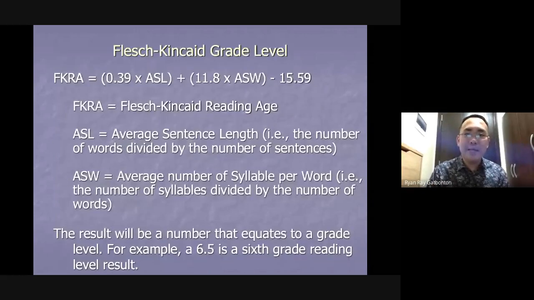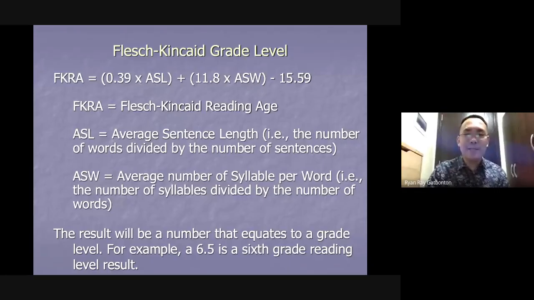The Flesch-Kincaid grade level tells you at what grade level your sentence would be understood. Usually, it falls between grades 1 to 16. So if your Flesch-Kincaid grade level is 6.5, it can be read by a 6th grader.